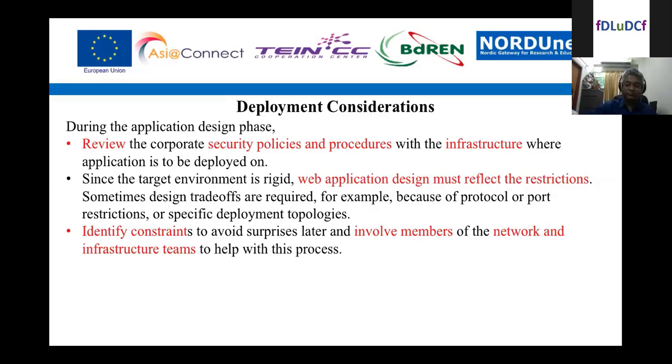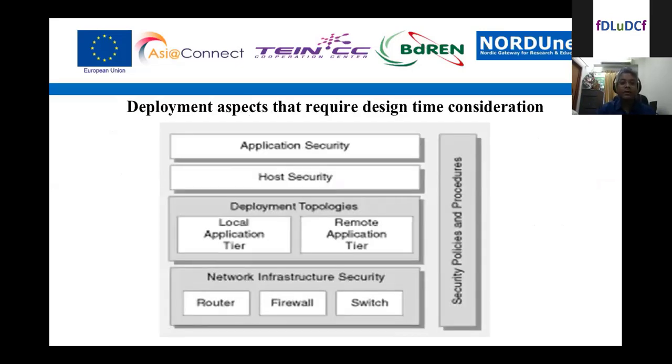And on the deployment aspect, required design time considerations. Number one here, application security, then host security, deployment technology, local application tier, remote application tier, and then network infrastructure security, router, firewall, and things. Security policies and procedures are based on these things.